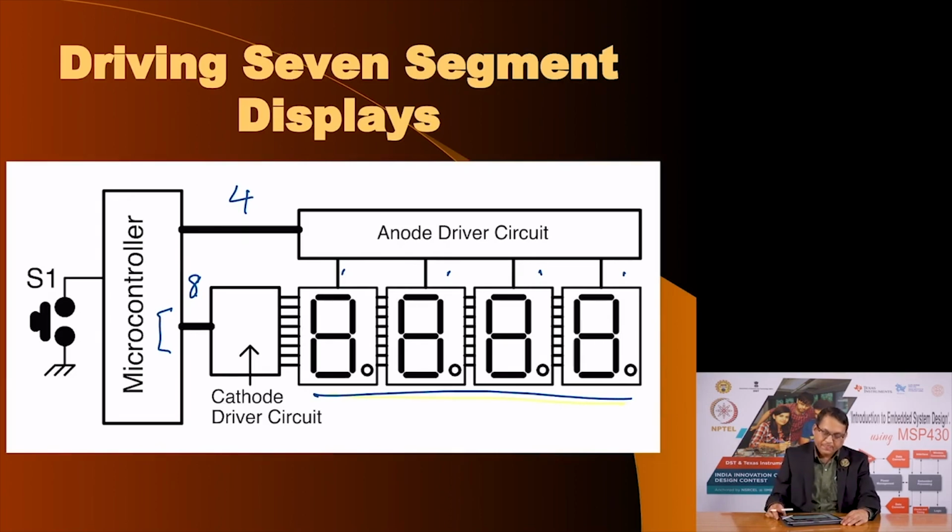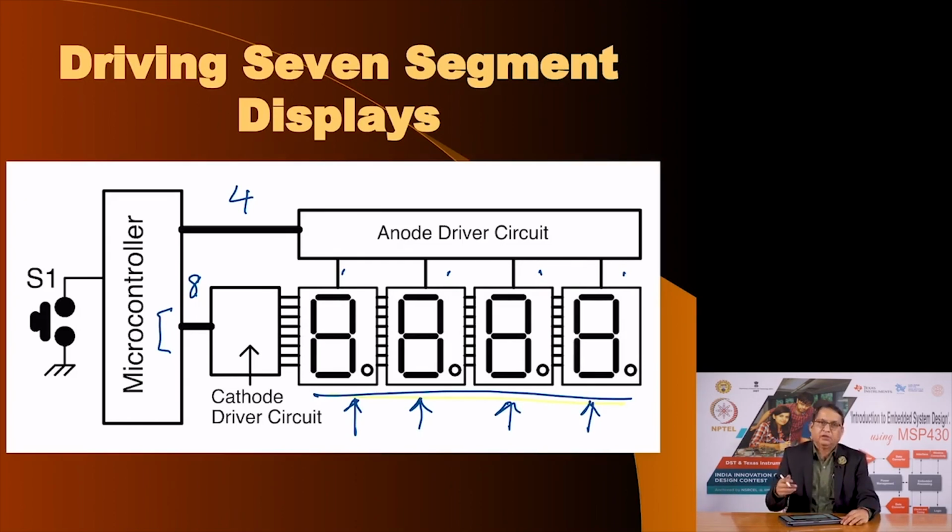How does it work? Here at any given time only one digit is on, but you want to display all the 4 digits. The way to beat the human eye is to use a concept called persistence of vision. That is, if I display a value here for some time, then I turn it off and I display the second digit, then the third digit, going to the fourth digit, and then I come back to the first digit.